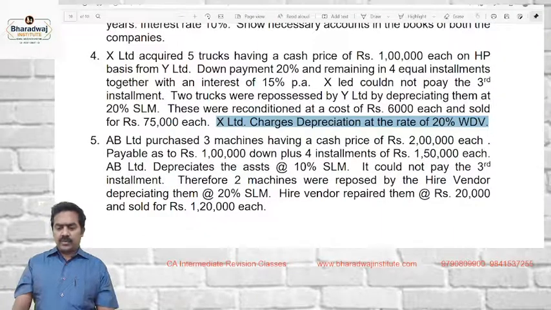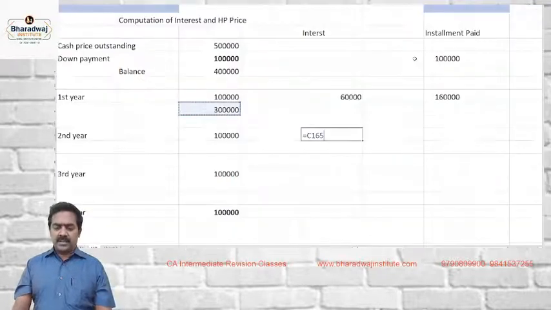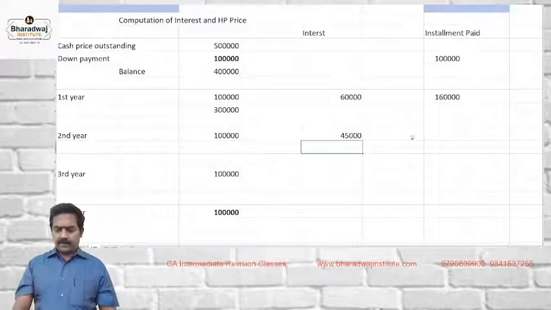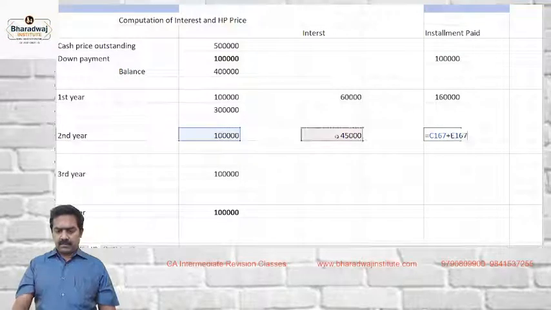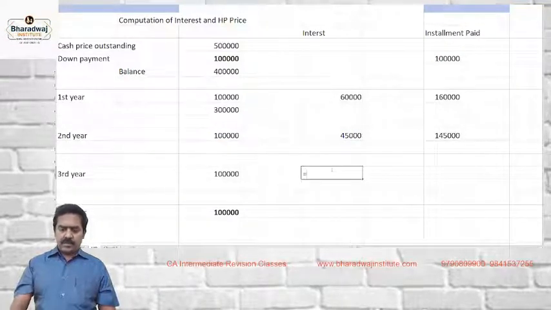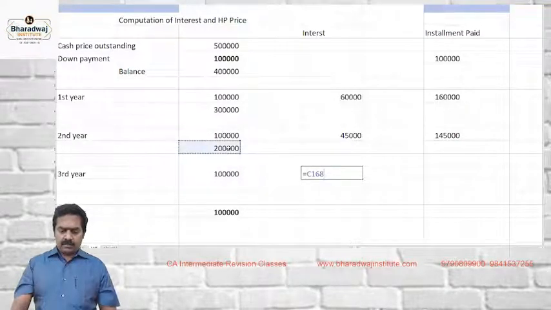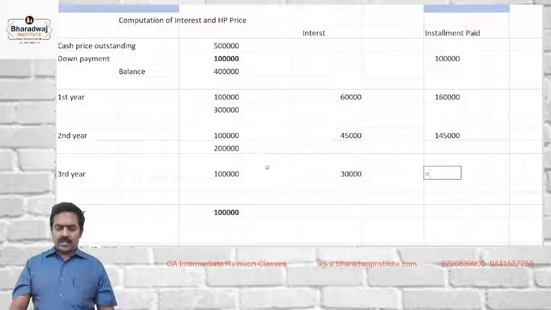This cash price is paid in 4 equal installments. So what is the third installment?